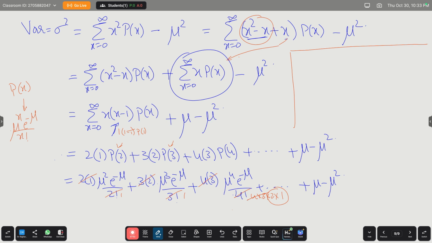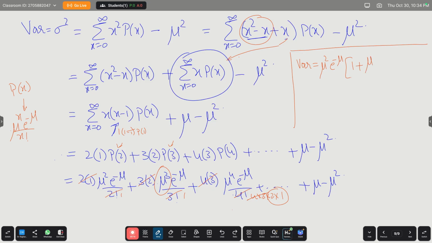So variance is equal to, in all these terms you can observe that mu square is common and e power minus mu is also common. Mu square and e power minus mu, if you take it out, you will be left with 1 plus, in this mu cube, mu square has gone out, so you will be left with mu.